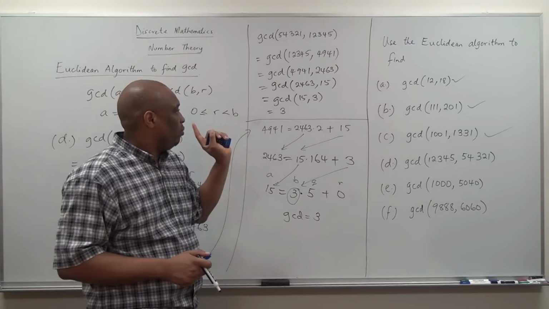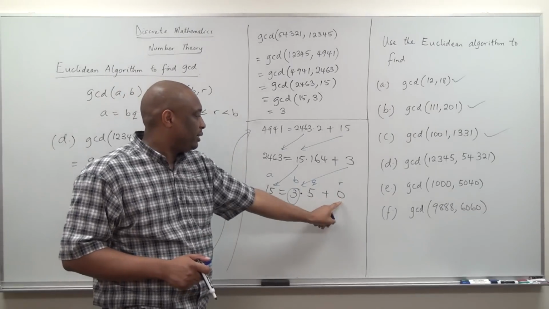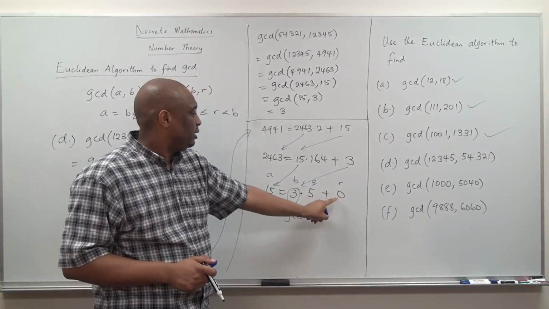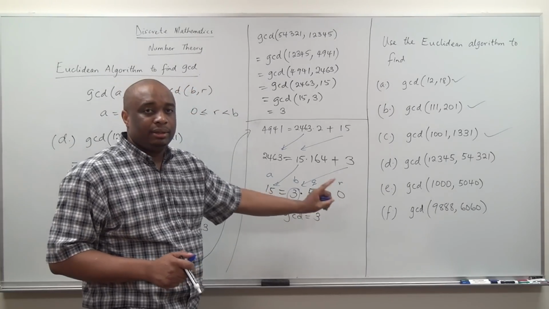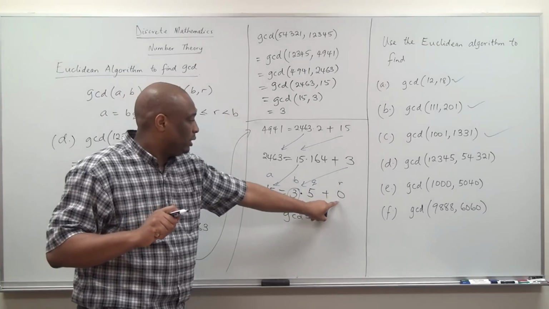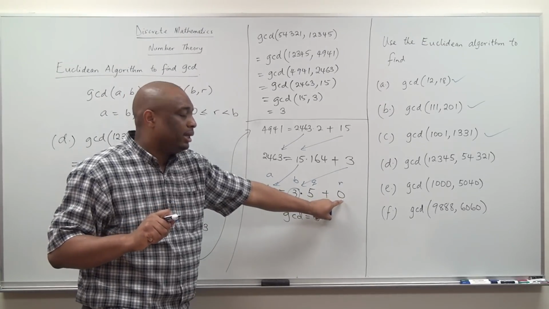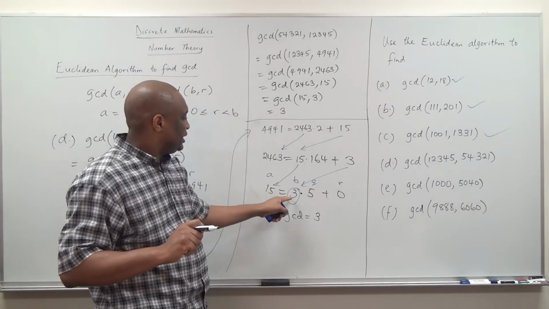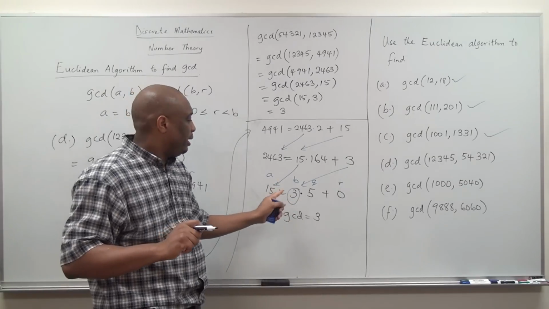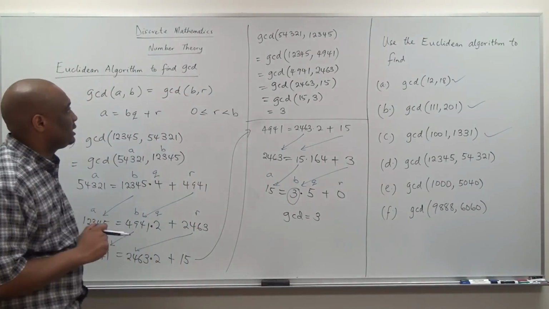This is the principle at which it goes. And when you reach the point whereby the remainder is 0, just check the divisor there, and that becomes the greatest common divisor.